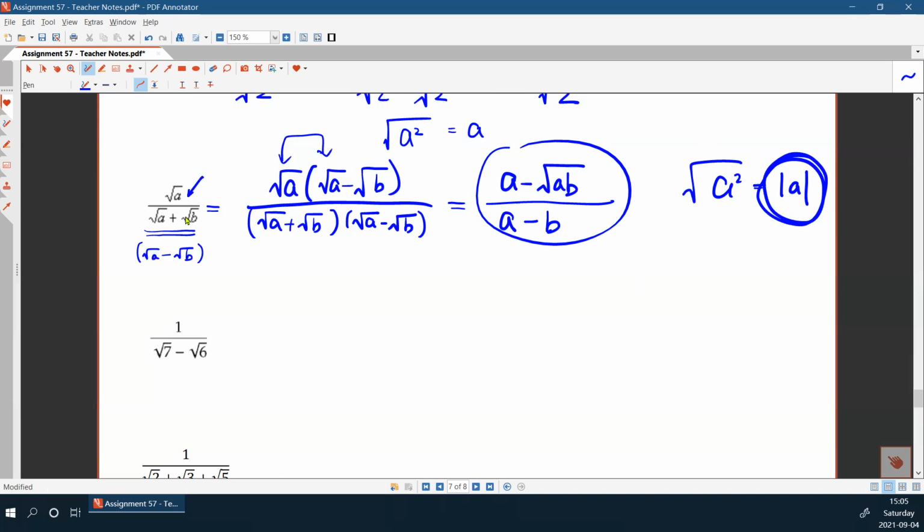But note here, we already have a number a under the square root sign. That means a must be equal to or greater than 0. So if a is a number that is equal to or greater than 0, then this is actually equal to a. So that's why we can write the result as a here, right? So you need to understand why we can directly write it as a, not the absolute value of a, okay?